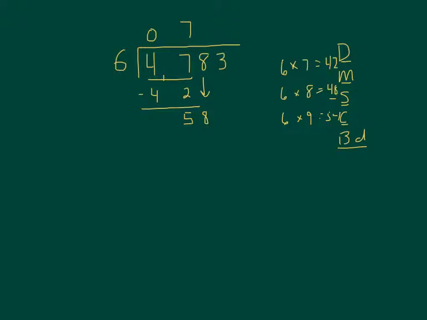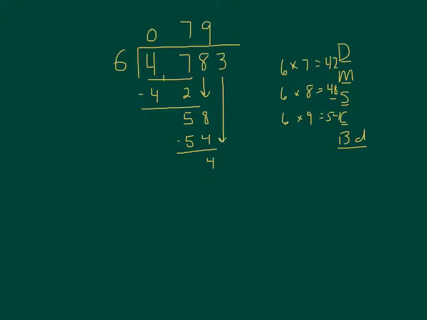So 58 divided by 6 is going to be 9, which goes up here. 9 times 6 is 54. After you multiply, you subtract. 58 minus 54 is 4. 4 is less than 6. So after we compare, we bring down another number.